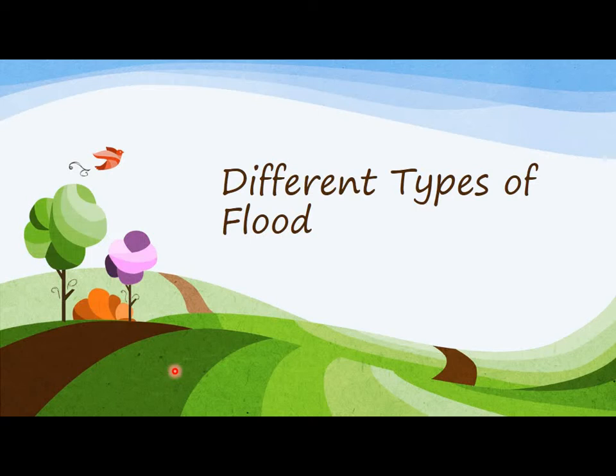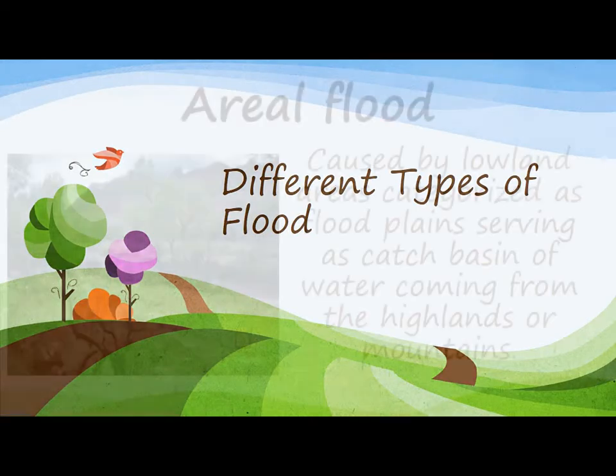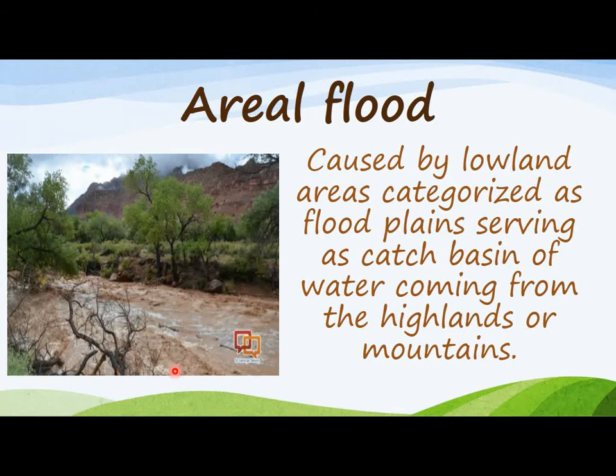So, imagine, ang flood pala, may iba-iba palang types to. So, una na dyan ay yung areal flood. Now, areal flood is caused by lowland areas categorized as floodplain serving as catch basin. Itong mga lugar na to, areal flood of water coming from the highlands or mountains.